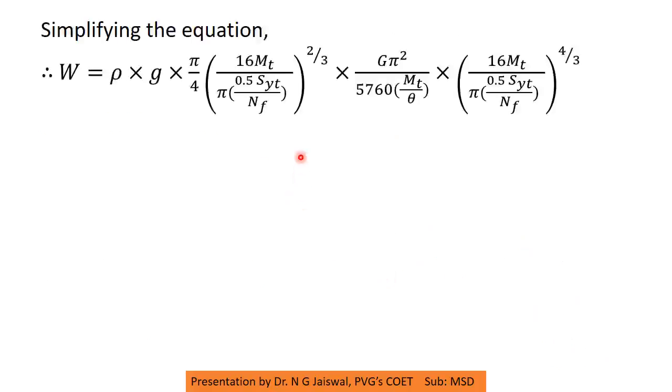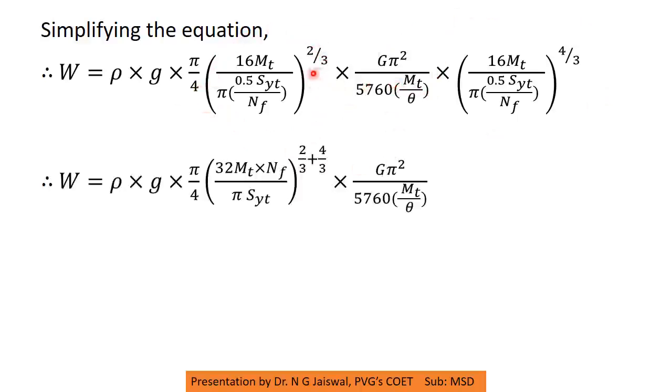So after simplification, you get rho G, this thing was D square and this was the L. So this bracketed term and this bracketed term, the term is the same because this was D square, and this is d raised to power 4.